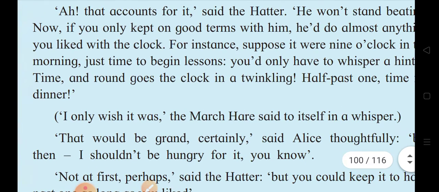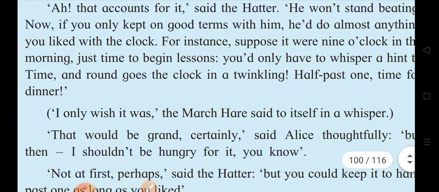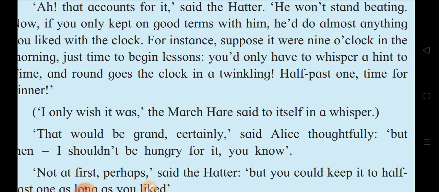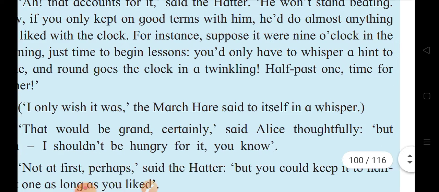That means we go to school at that time, and our teacher teaches us the lesson. You only have to whisper, in a small low tone, a hint to time.